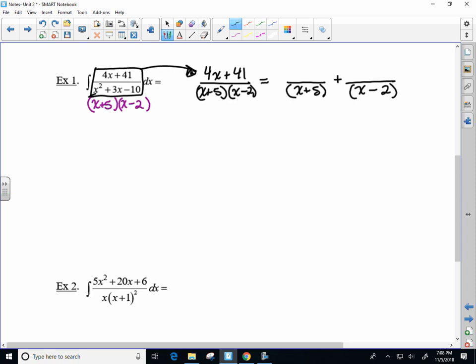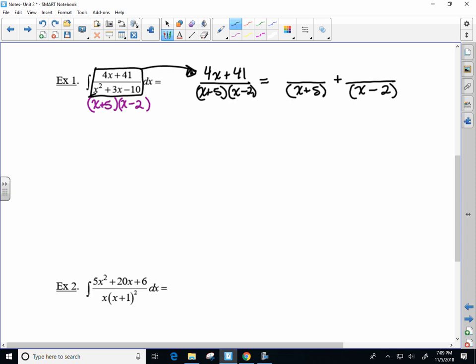So let's actually think of it this way. If I were taking these two fractions and putting them together, I would multiply top and bottom of this fraction by x minus 2, right? I'd multiply top and bottom of this one by x plus 5, right? So I would have an x in each part, an x to the first power. I have an x to the first power in my final answer. So I could only really be differing from what I have here by some sort of constant on the top of each fraction.